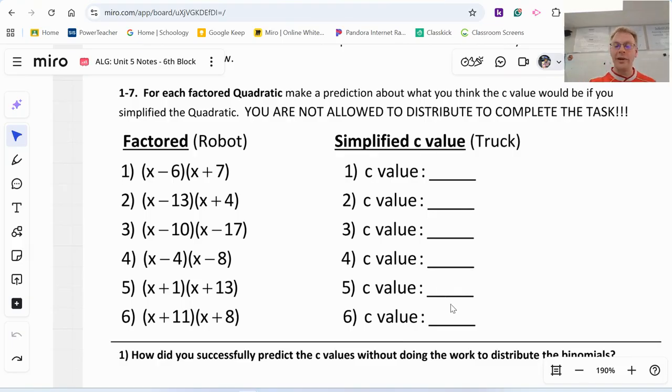And without doing any work, other than maybe pushing buttons in a calculator, you're allowed to do that. But without doing any work, I want you to try and figure out what the C-value for each of these 6 factored robots would be in comparing them. All right, so see if you can figure out how to do that, and pause the video now.